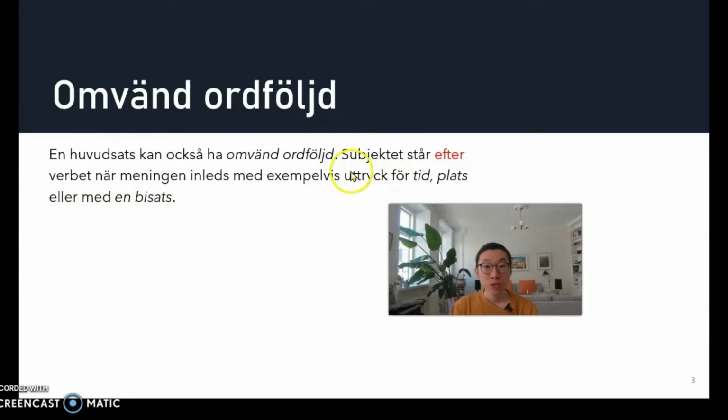So the expressions for time, place, or a subordinate clause here are actually referring to adverbials in a sentence structure. So adverbials are another name for all this category.